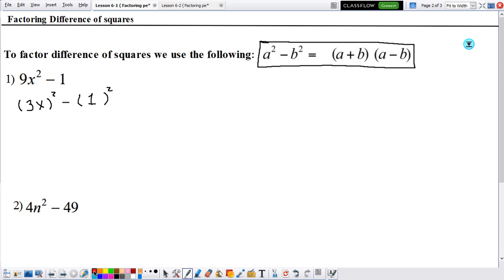So in our formula, 3x is my a, and 1 is my b. So this expression factors as a plus b, so that's 3x plus 1, parenthesis, a minus b, so that's 3x minus 1.